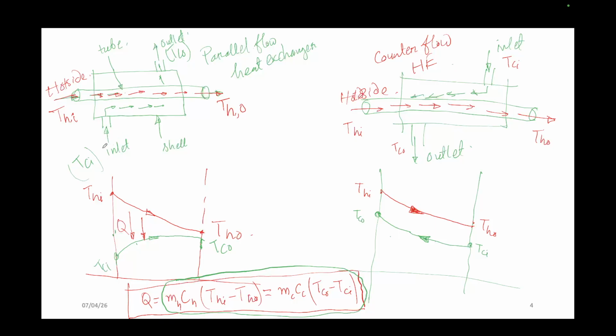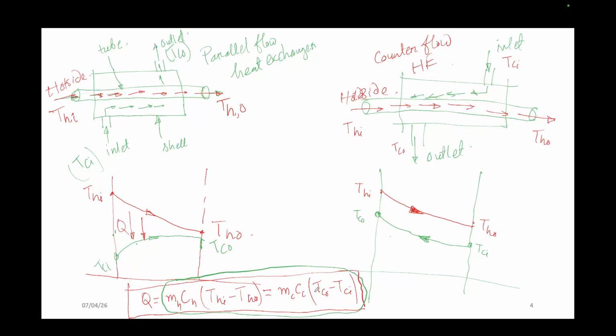That means at room temperature. So you know the inlet temperature, right? And on this side you are supplying hot water, say at 80 degrees. So you know the inlet temperature, right? If the inlet temperatures in both cases are known, then how many variables are there? Two variables. That means the outlet temperatures are the variables.